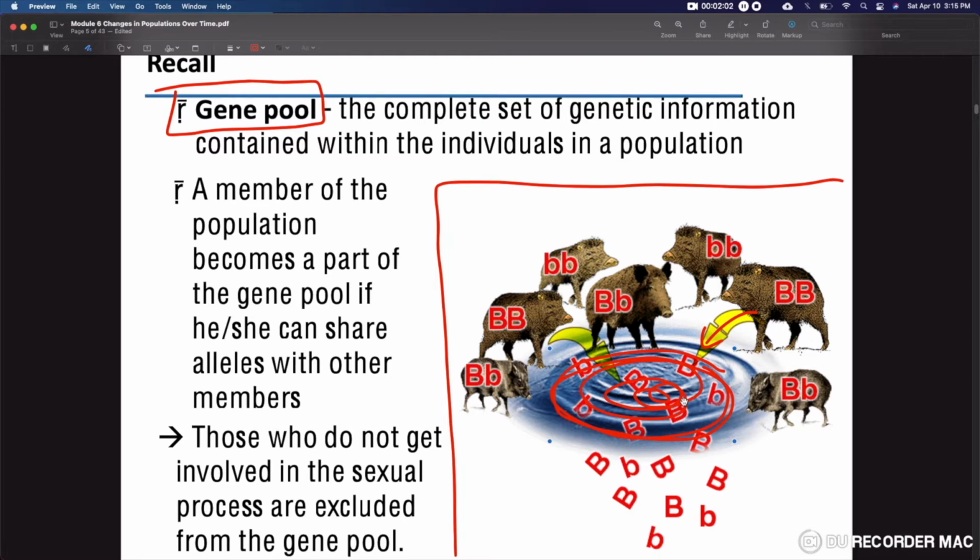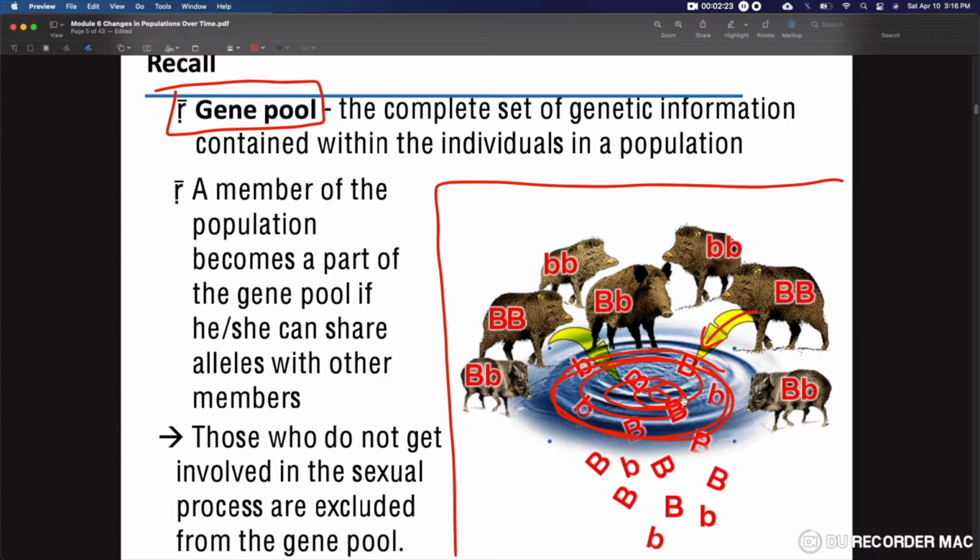So imagine gene pool like that. It's like a swimming pool of genetic information. And individuals of your population can share their genetic information in that imaginary gene pool. Okay? Why are we talking about that?